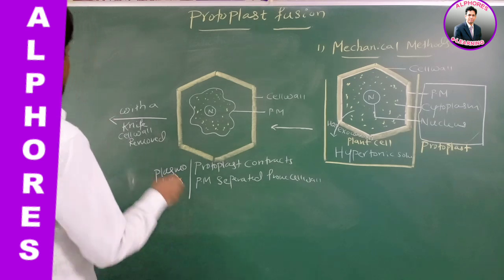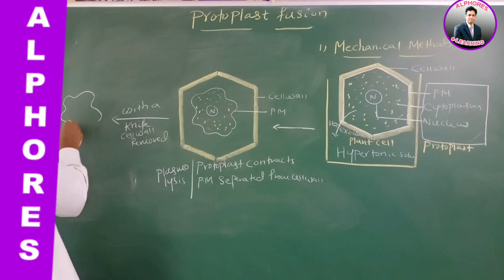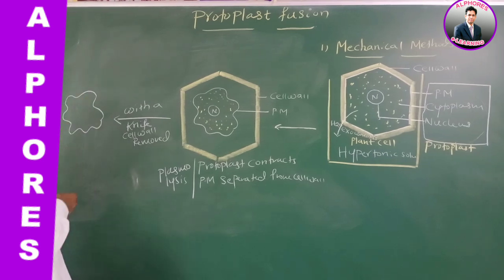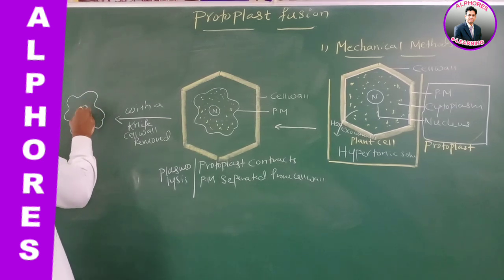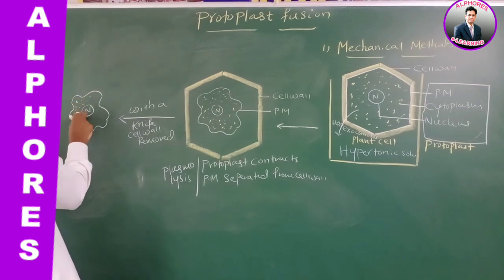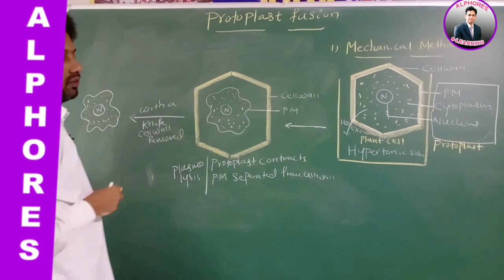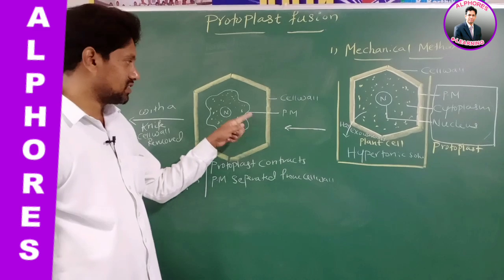Sir, if cell wall is removed, what is left? Plasma membrane, cytoplasm and a nucleus. Yes or no? If cell wall is removed, what is left?